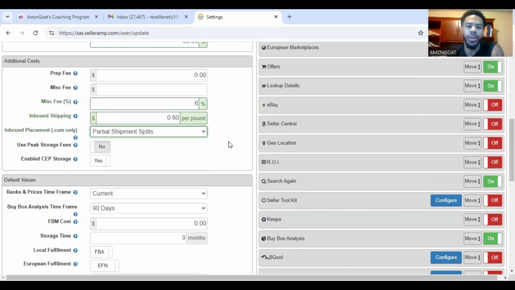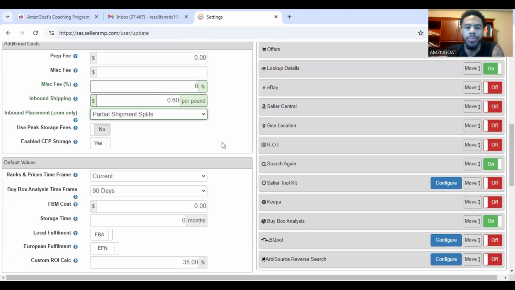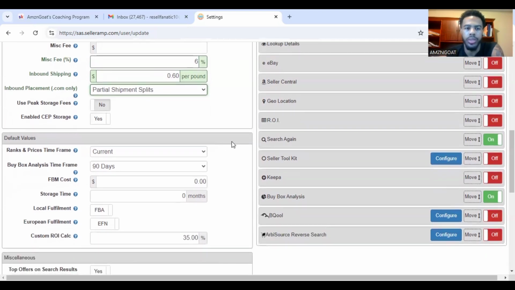But again, it's all based on how your Amazon FBA shipments look. Right now I have 60 cents per pound in partial shipment splits because that's how my FBA shipments usually go. But you want to configure your settings based on your circumstances and the way you operate your business.